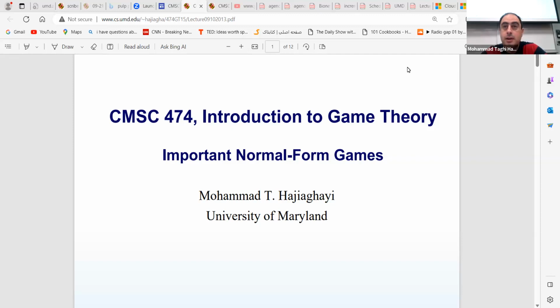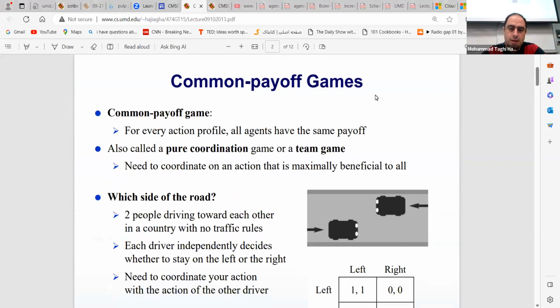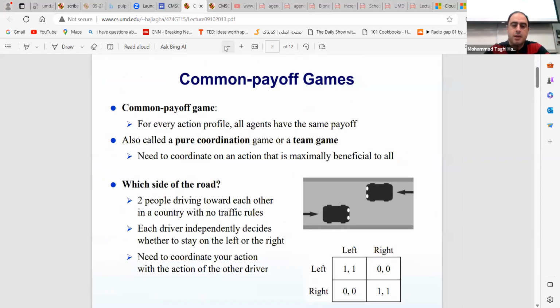We already talked about prisoner's dilemma slash chocolate game, but here we are talking more about some other ones. And these are important. We are referring to these games a lot, so it is important that you know these games essentially. These are very simple games, but I think these are very important at the end.